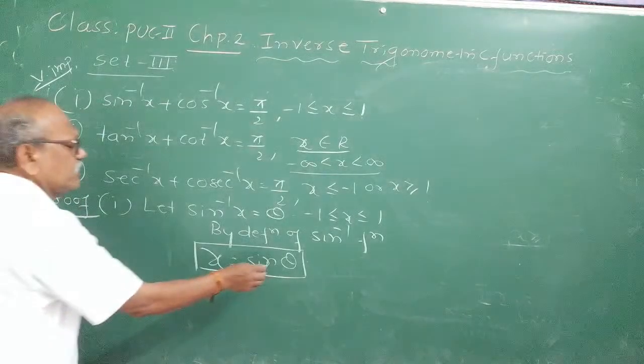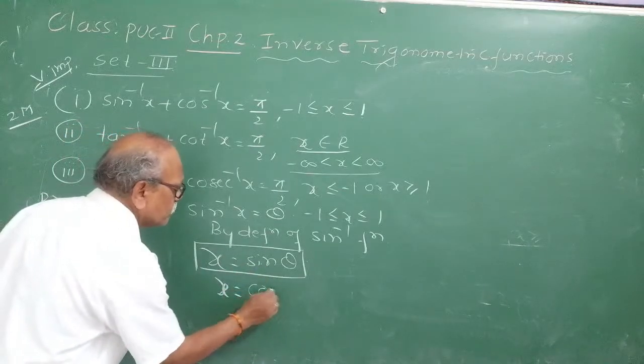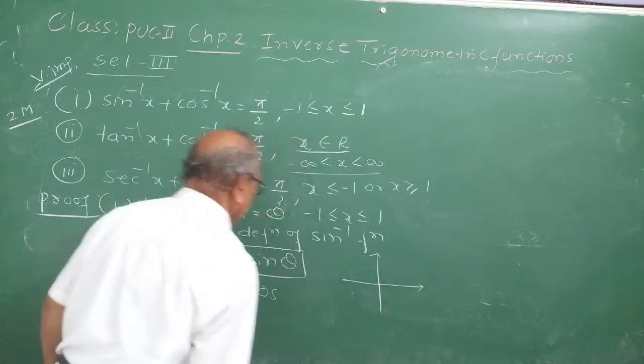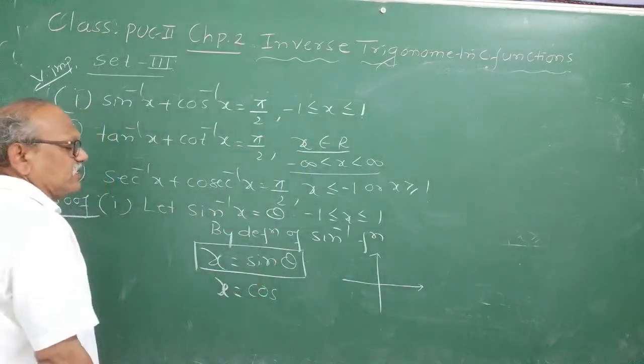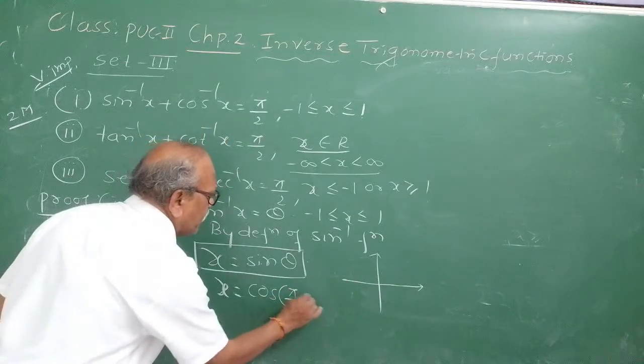Now, can I write this sine theta by using allied angle in terms of cos? We told you in the allied angle, sine theta can be written in cos by taking odd multiple of pi by 2. Can I write sine theta as cos of pi by 2 minus theta?